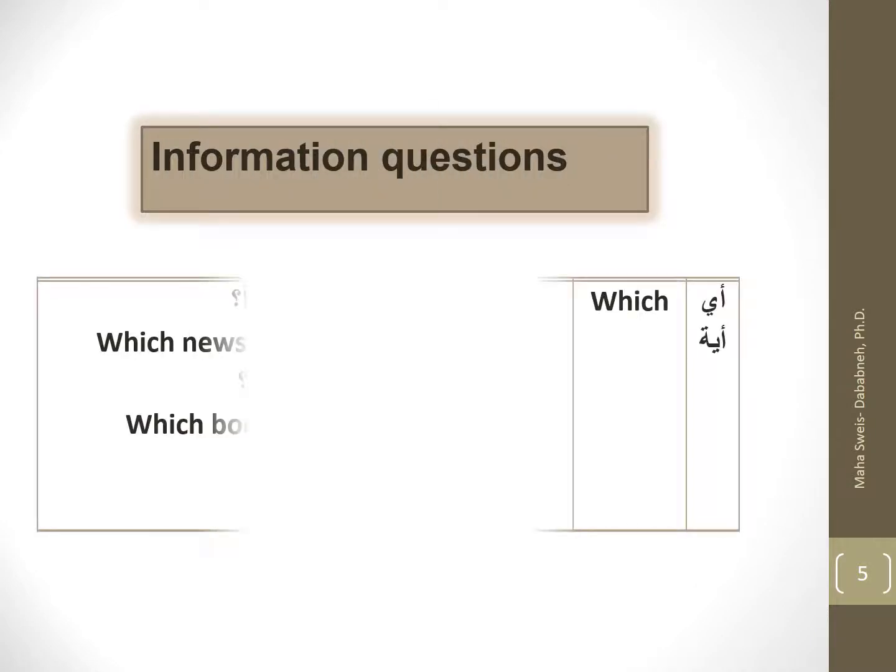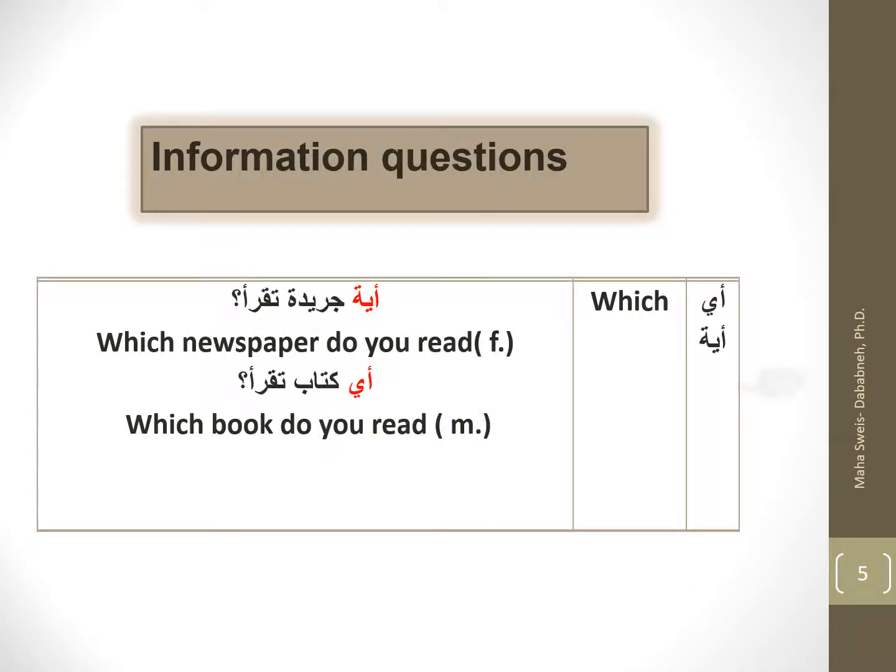More question words that require information. أي or أية. أية جريدة تقرأ؟ أي كتاب تقرأ؟ You can pay attention. أية, we use it if you have a feminine noun following. أي, we use it if you have a masculine noun following.